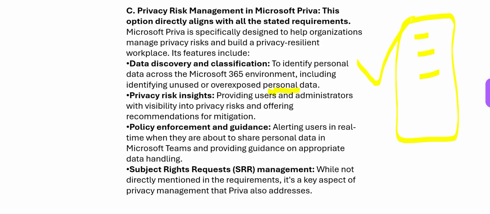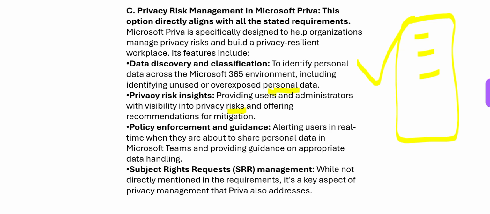Then comes privacy risk insights. It will provide users with visibility into privacy risks, and it will offer recommendations for mitigation. Recommendations like, just like your parents say, boss, you should study, you should not watch IPL whole day. Those kind of recommendations it will give.